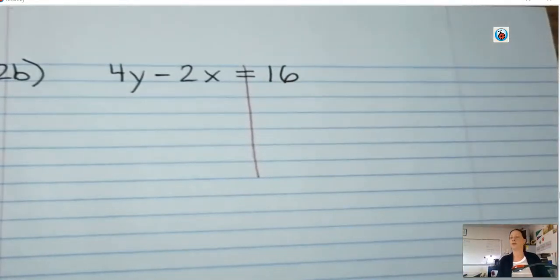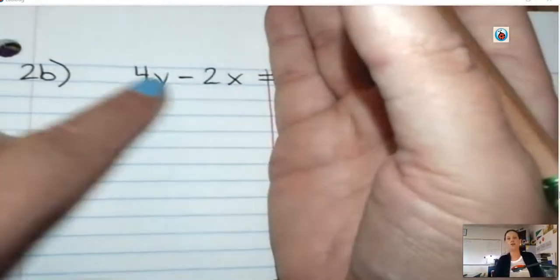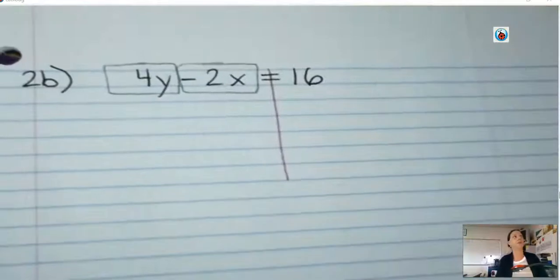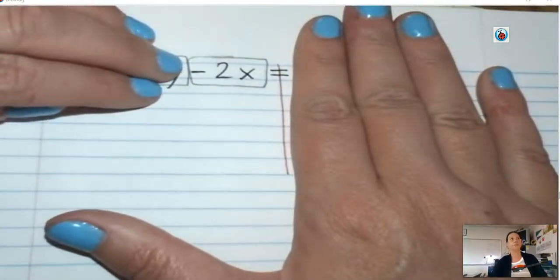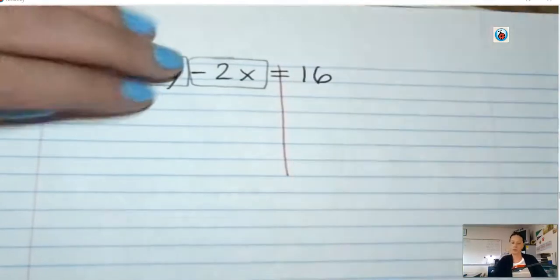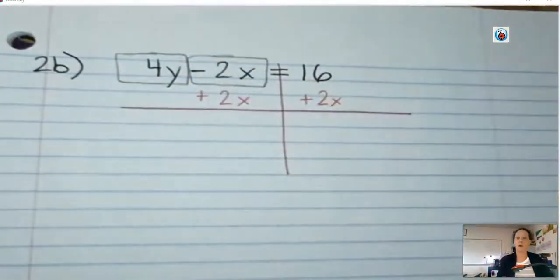You should be taking really good notes. Look at the side that has the y. Right now there's two terms there. There's a positive 4y and then there's a minus 2x, right? So get rid of the other term that's not the y. Instead of subtracting 2x, we're going to add 2x. If you do it to one side, you have to do it to the other. That's the addition property of equality.